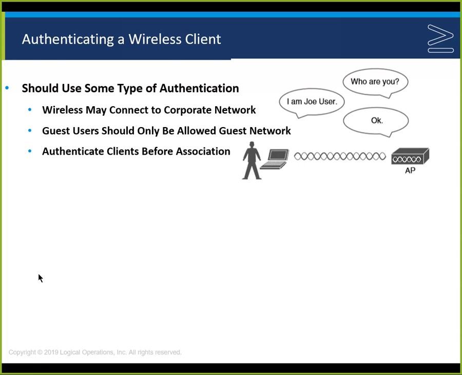The wireless may connect to the corporate network. Guests should only be allowed on the guest network, which is configured such that it doesn't allow access to the corporate network. We only want our authenticated, approved users on. The other thing it brings up is bring your own device.